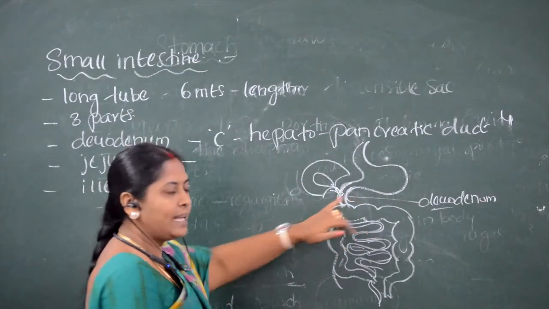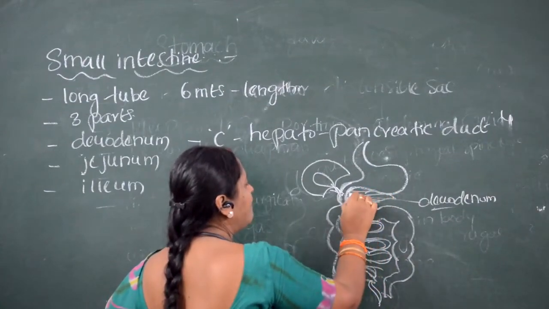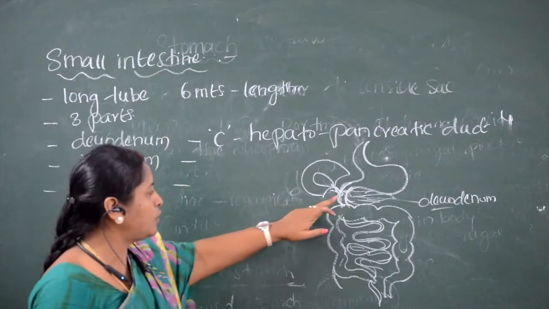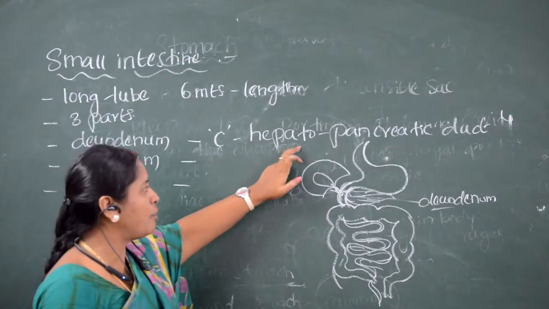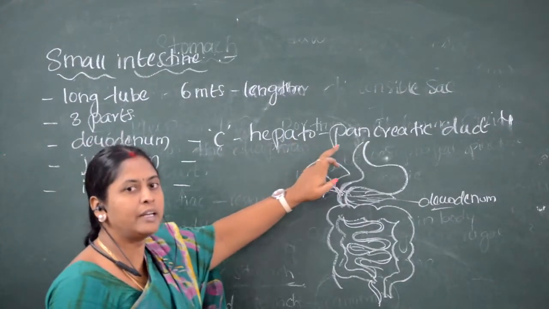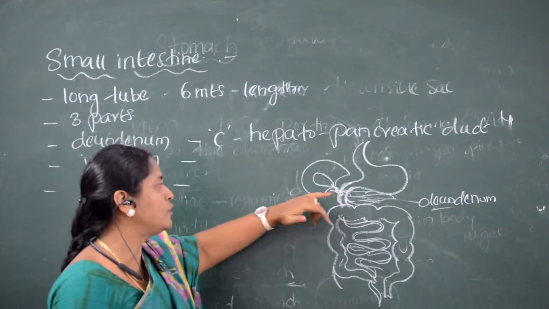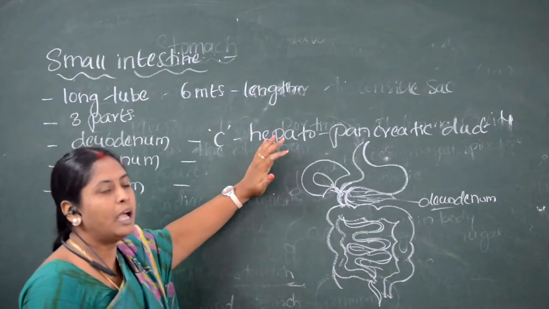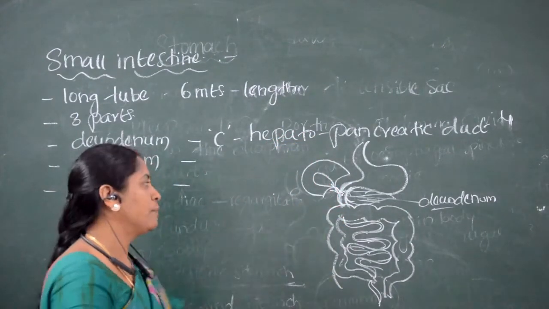The pancreas, which is present between the stomach and the intestine, also has a duct that opens into the duodenum. So the 2 ducts combine and form a common duct called the hepatopancreatic duct, which opens into the duodenum.